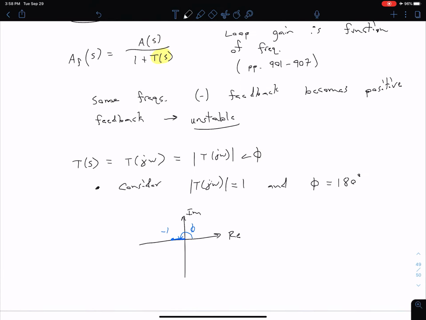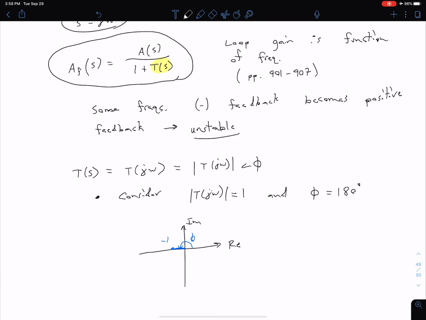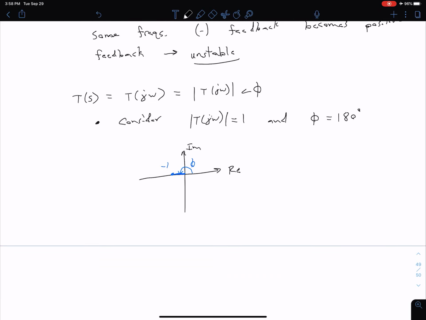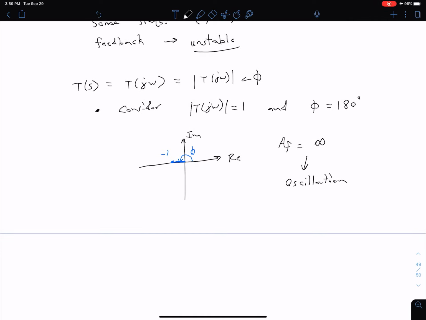So if we come back up to our equation for our closed loop gain, we see that for this case, we're going to have a closed loop gain that becomes infinite. And so our circuit is going to be unstable and we're going to have oscillation. Oscillation is a topic that we're going to look at in a later unit.